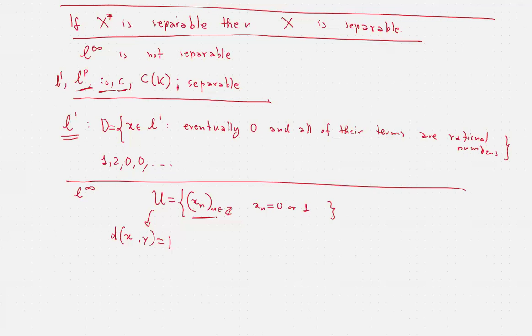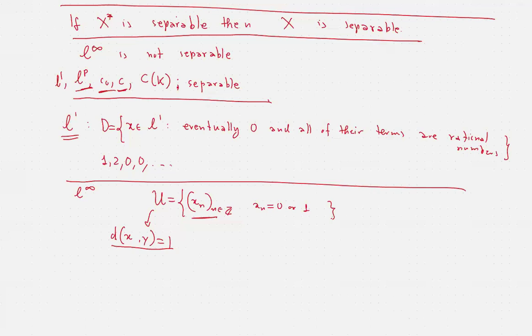If you take two distinct elements, then they will be different in at least one coordinate, and so the absolute value of their difference will be 1 at least at one point. So if you think about it, having an uncountable set whose elements are so far from each other does not allow the space to be separable, for the very simple reason that you can have uncountably many open balls that have no common points with each other.